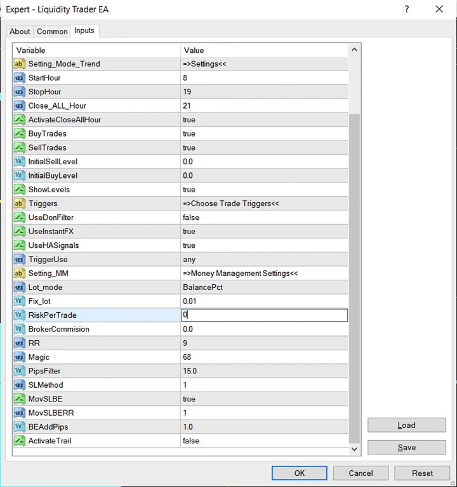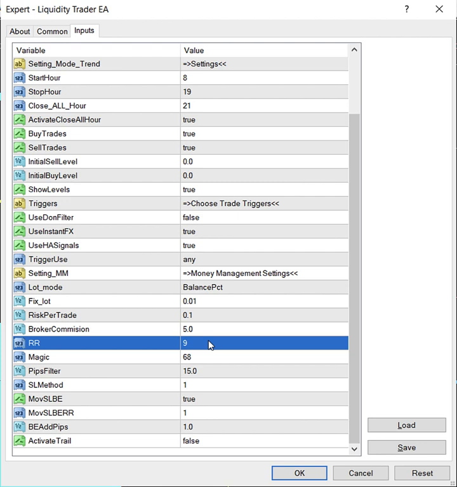I can make it like 0.1% per trade if I'm risking only 1% on the account. Here you can put how much the broker will charge for commission. So check with the broker, see if they charge commission, and you can put, most brokers charge between 5 and 7, or some of them 3, like in prop firm sometimes. This is per 1 lot.